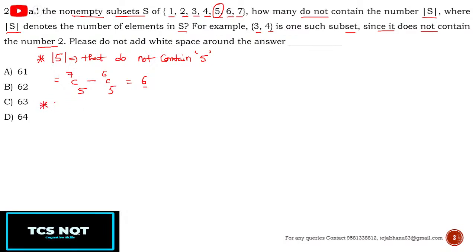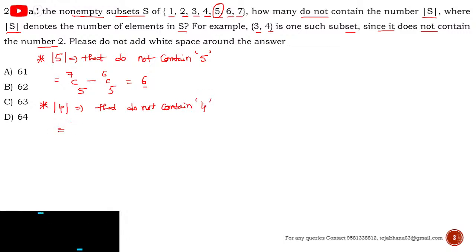Now, if you consider a subset of size 4 that does not contain 4 as well, that is, out of 7 I am selecting 4. Sorry, this is 6 and 4, right?